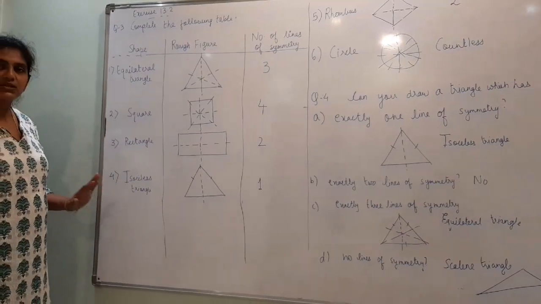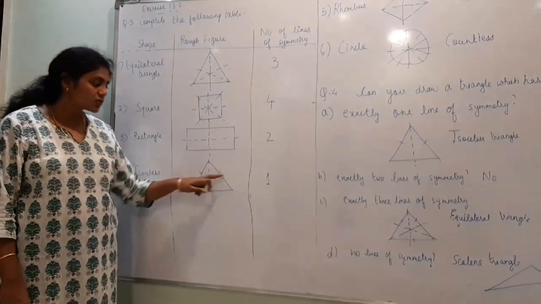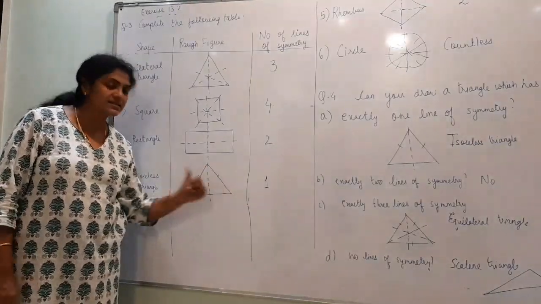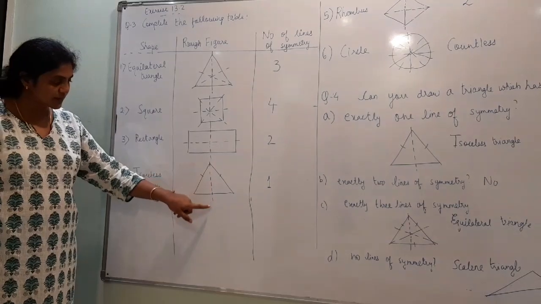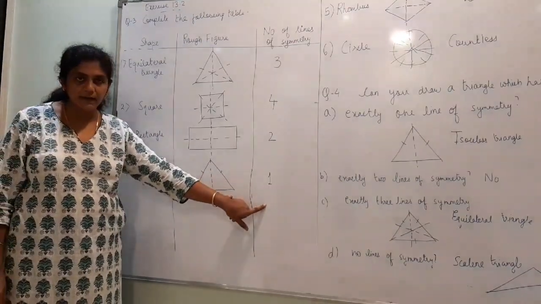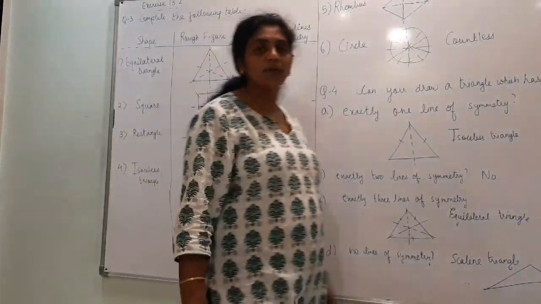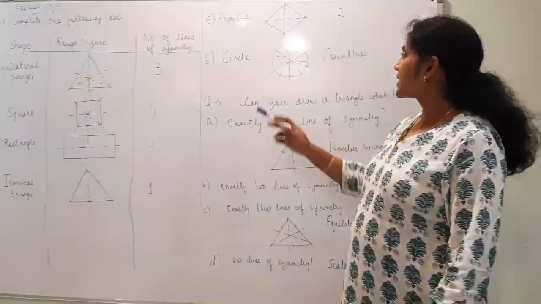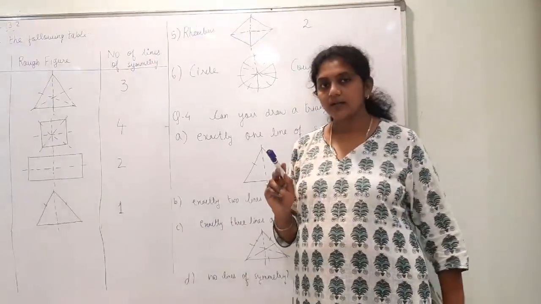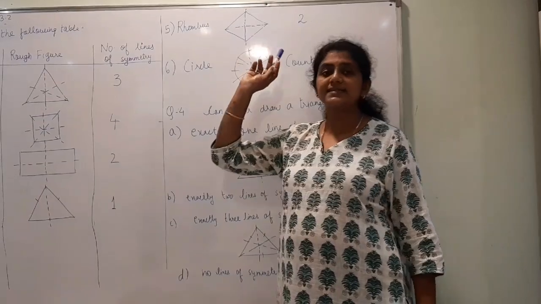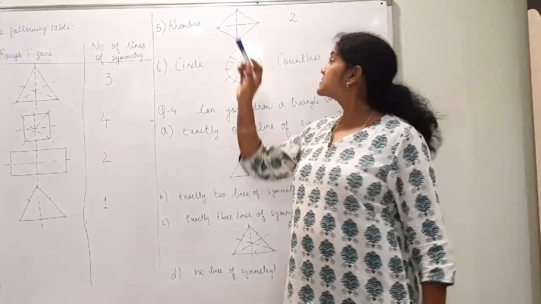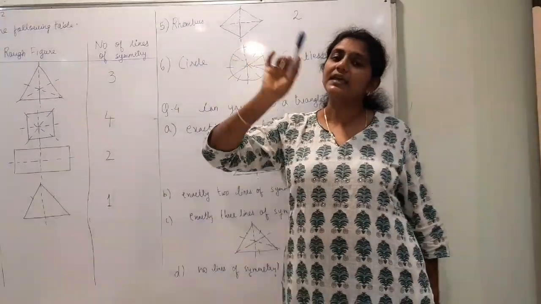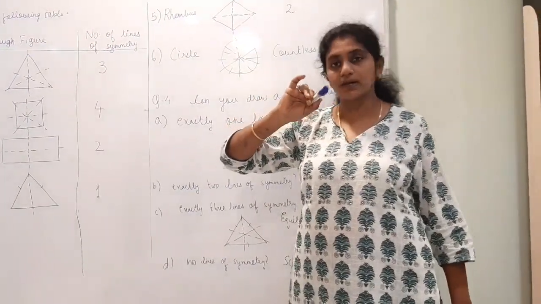Isosceles triangle. Isosceles triangle means only 2 sides are equal. These 2 sides are equal. That is an isosceles triangle. So the line of symmetry will be this only 1. Then is rhombus. Rhombus is a type of quadrilateral. It is the same as a square. One property of a square is the same: all the sides are equal, as in a square.